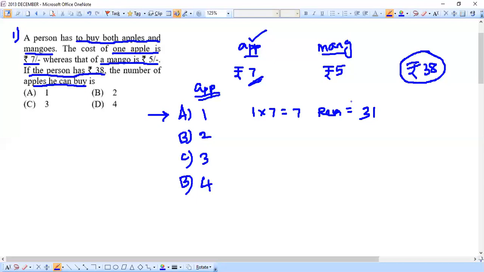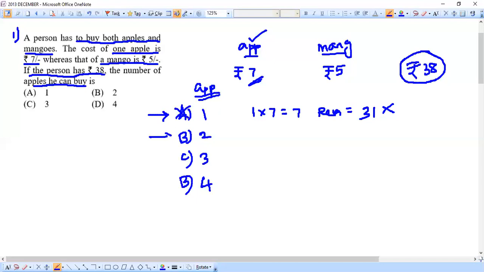Just think whether the person will be able to buy mangoes for this 31 rupees. It is not possible, right? The person can buy, of course, 6 mangoes. 5 sixes are 30, but there will still be some amount pending. So we can't have option A as our answer.